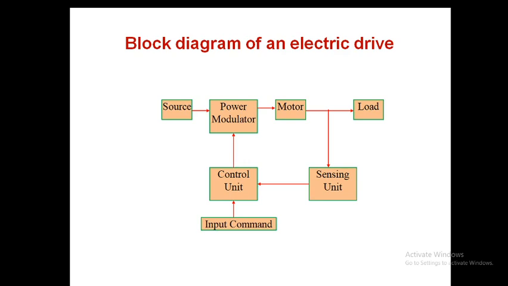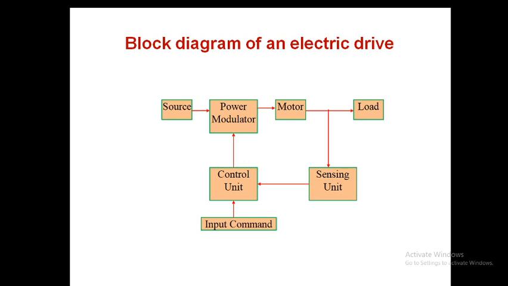The power modulator is a power electronic controller; you use power electronic devices to design it. If you are using an AC source and your motor and load require DC, you have to go for a rectifier.